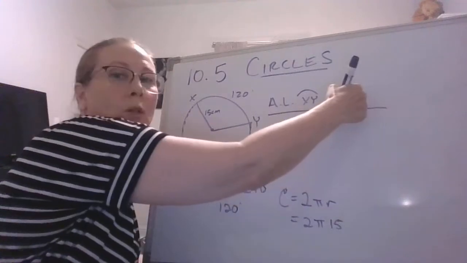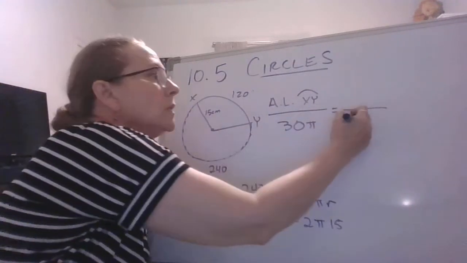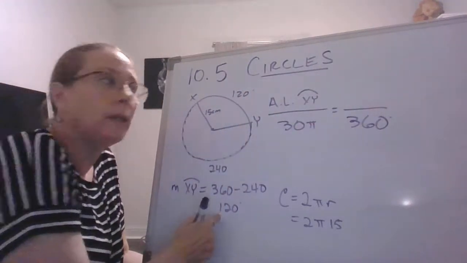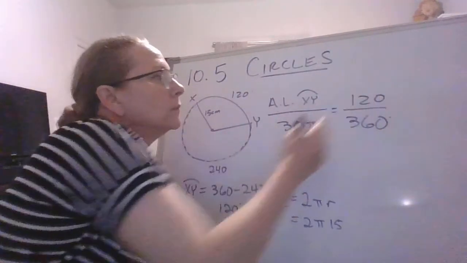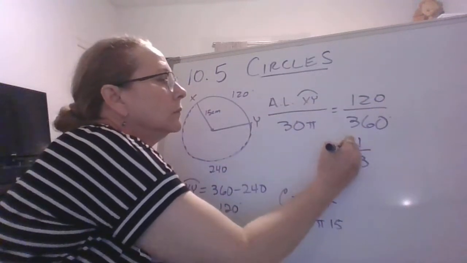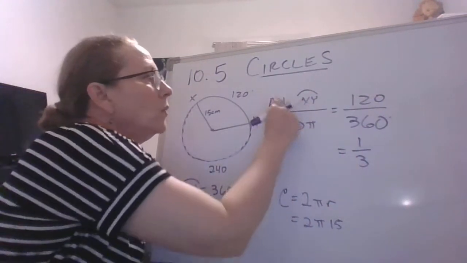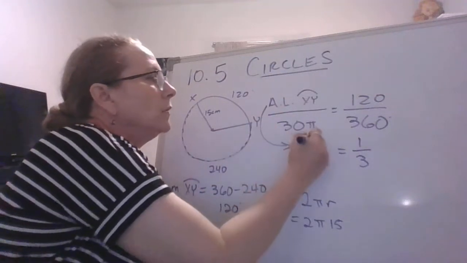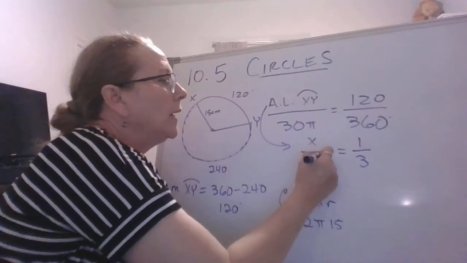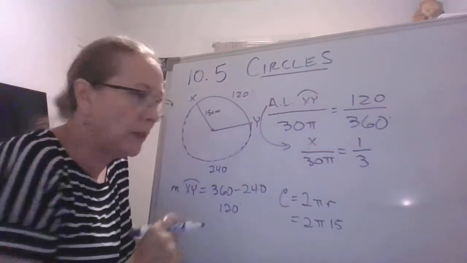And then we put degree measure of the arc over 360. Well, what's that degree measure? We found out it was 120. Well, what fraction is this? 1/3. So our arc length, we'll just put an x value in there for solving purposes. 30 pi. What happens when we cross multiply?